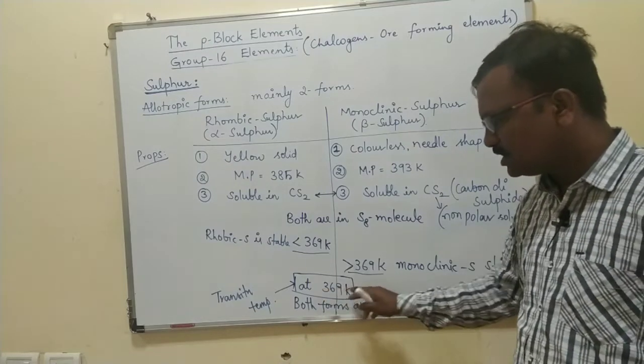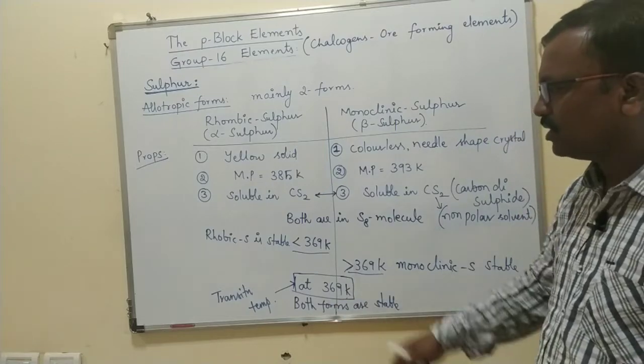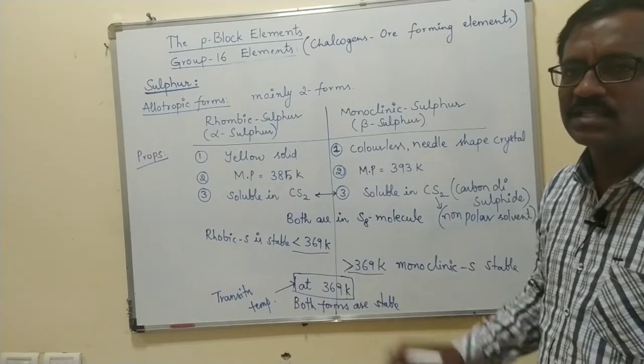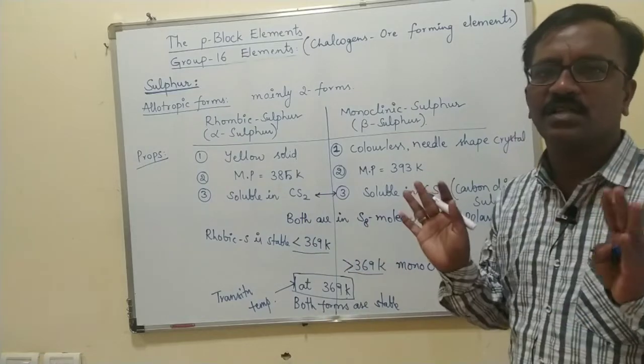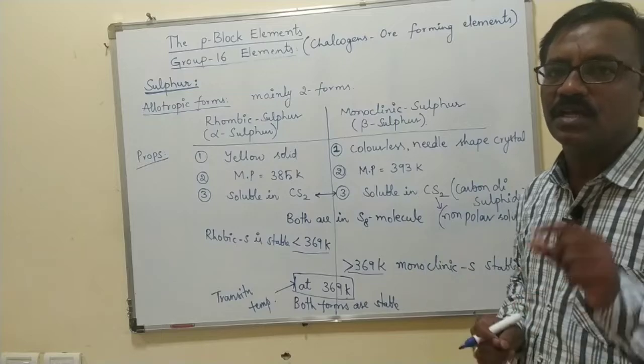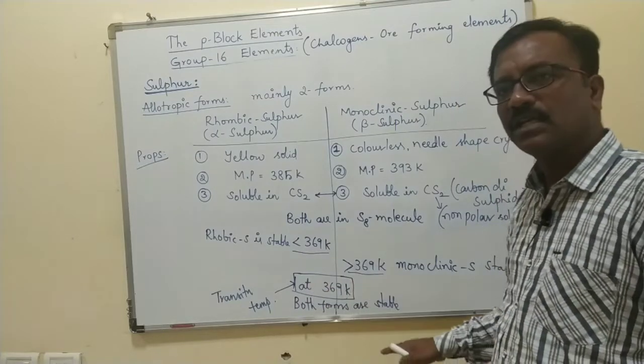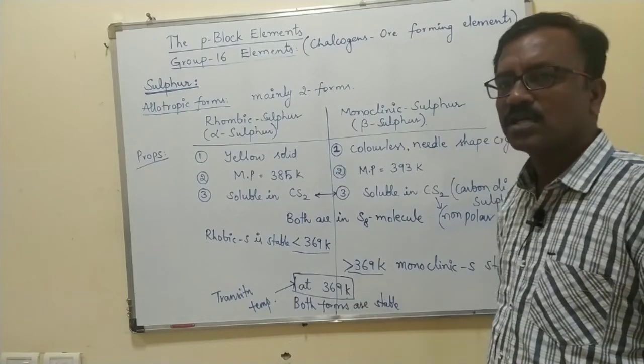At 369 Kelvin, both forms are stable. Both are sulfur, but they are different in their crystal structure. That's it.